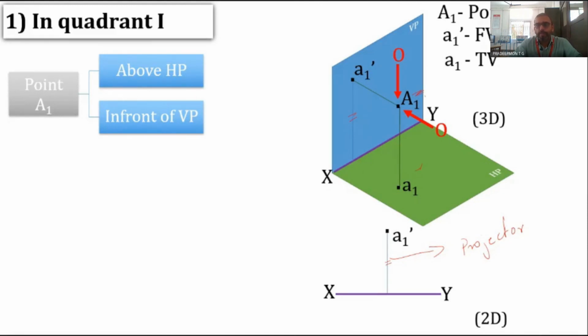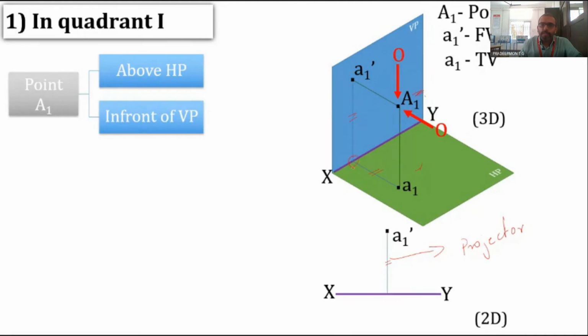Now, in order to get the top view, we draw a line which is perpendicular to XY and passing through A1 in the top view. So this is that particular line. If you observe this line as well as this line, the two lines which we draw perpendicular to the XY line both meet at this position.